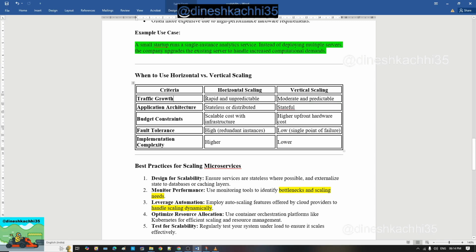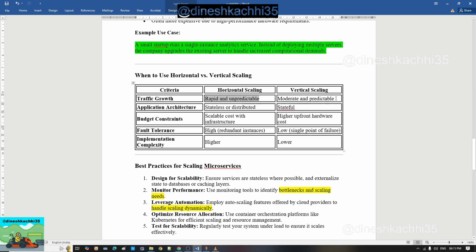If the traffic growth is rapid and unpredictable... let's take one example, a cricket match, right? Let's say today at 9 a.m. the India and Pakistan cricket match will start. We can predict that the number of users checking the score will increase, right? So we can predict.